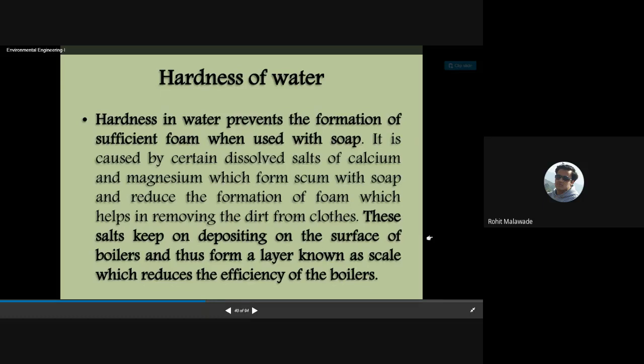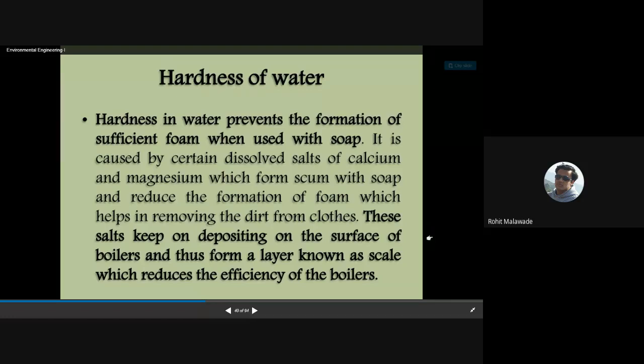Now we will see what hard water is technically. What makes the water hard? The water consists of calcium and magnesium associated with sulfate, nitrate, and chloride, and calcium carbonate or bicarbonate, or magnesium carbonate and bicarbonate. It makes the water hard.